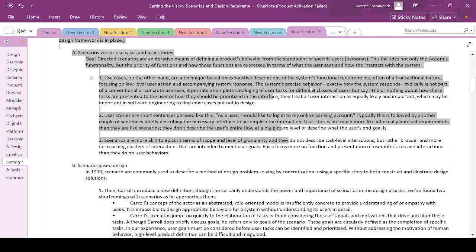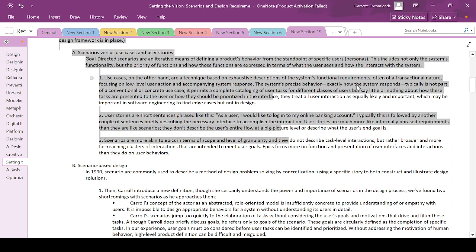The system's precise behavior, exactly how the system responds, typically is not part of a conventional or concrete use case. It permits a complete cataloging of user tasks for different classes of users, but says little or nothing about how these tasks are presented to the user or how they should be prioritized in the interface.